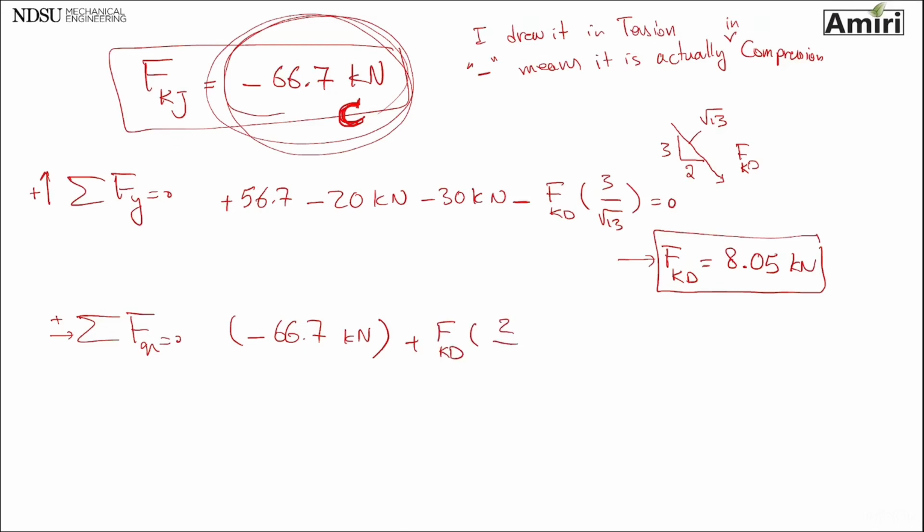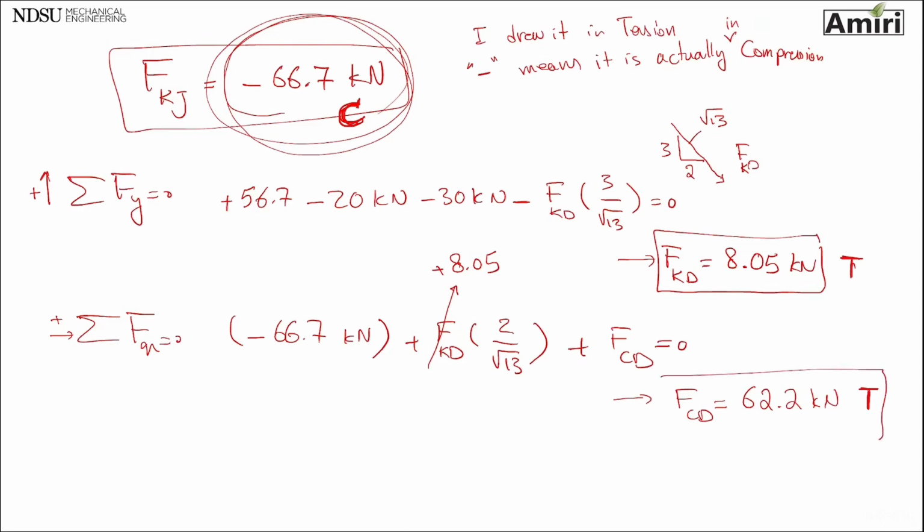This time we're looking at 2 over square root of 13, and this I just found to be plus 8.05, and the last force that I have is FCD equals 0, and this will result in force CD being 62.2 kilonewton. It's a plus, so it's going to be tension. That one was tension too, by the way. Okay, so those are the 3 forces that I was interested in.